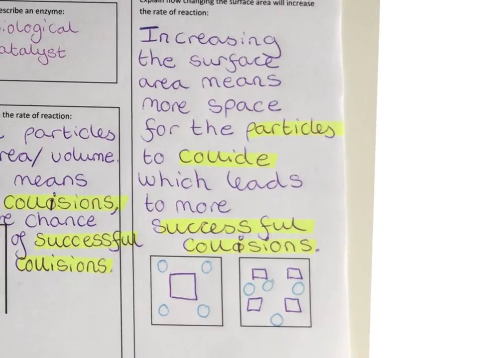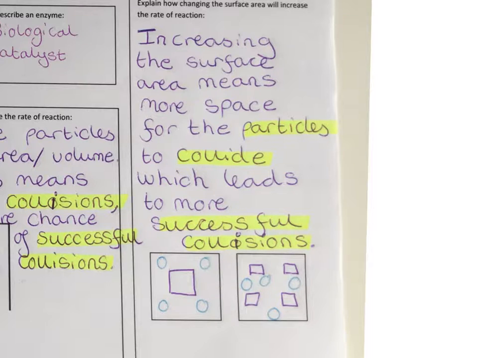Surface area is a bit different from the other two. Increasing the surface area means more space for the particles to collide, which means more successful collisions. Say you've got a tablet, just one single tablet, really small surface area. There's only certain places on the outside where the particles can collide.